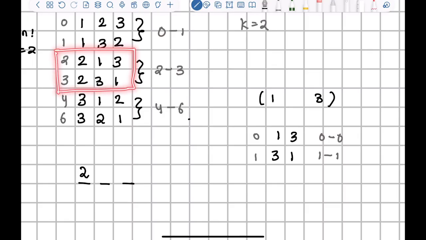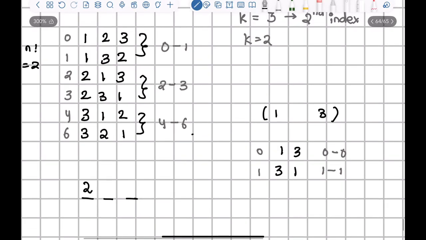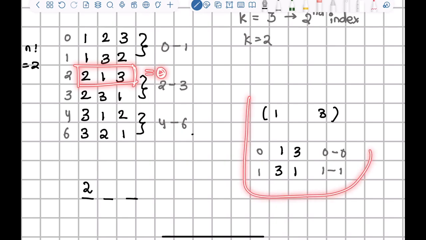So which one is our combination? Essentially, the combination that we're looking for here is the first one. That means zeroth index for this one. We're looking for zeroth index of this one, right?